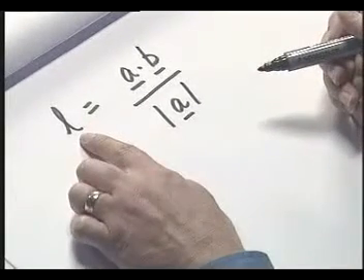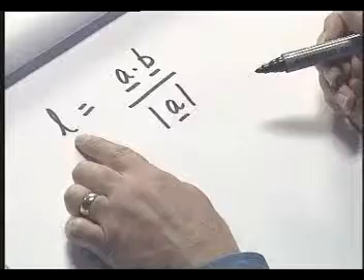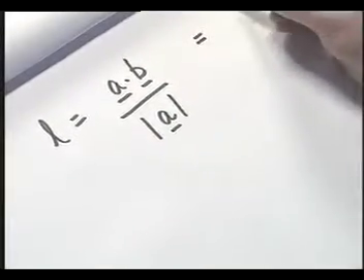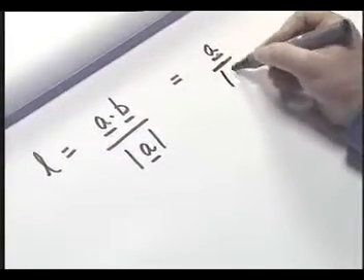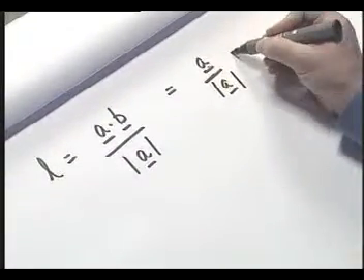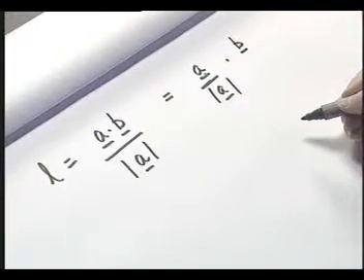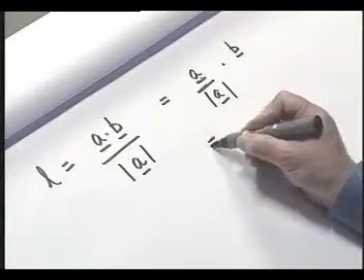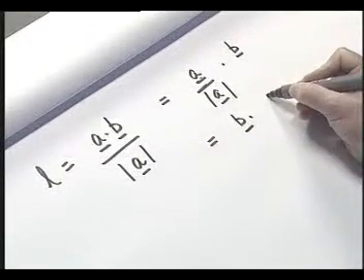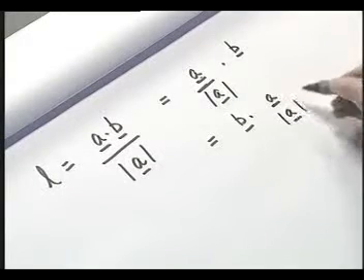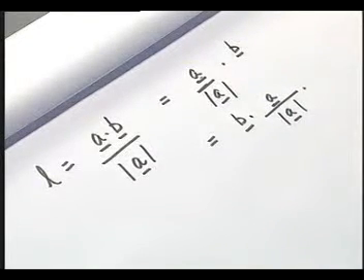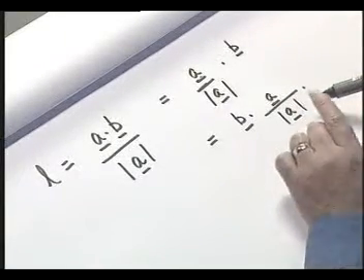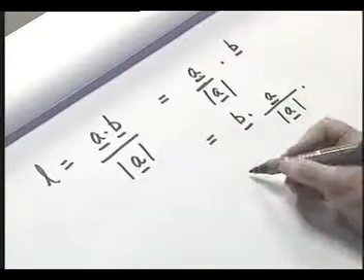So remember, l is the component of B in the direction of A. We can write it like this. I'm going to rearrange this a little bit to write it as A divided by the modulus of A, dotted with vector B. And because of a result we got very early on, the commutativity of the dot product, we can write this as B dot A divided by the modulus of A. Now, when you take any vector and you divide it by its modulus, what you get is a unit vector in the direction of that vector.